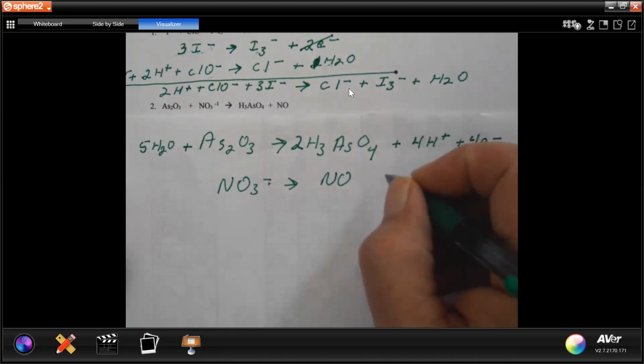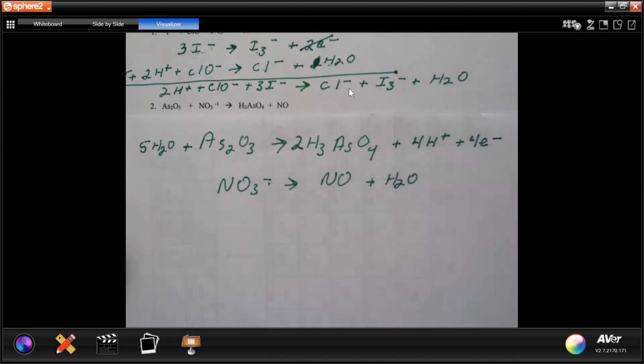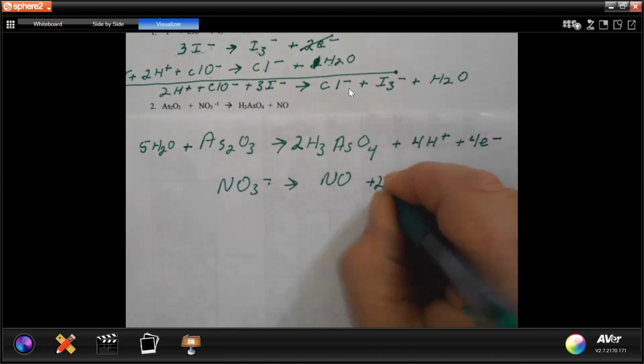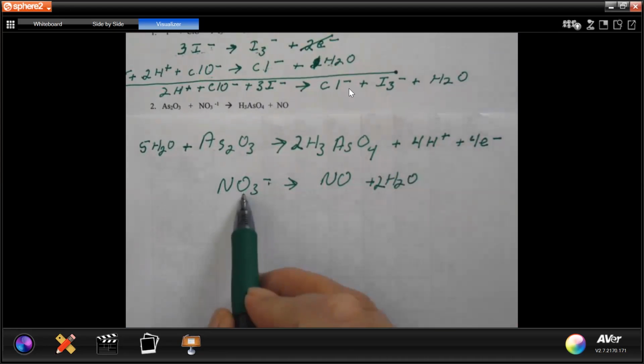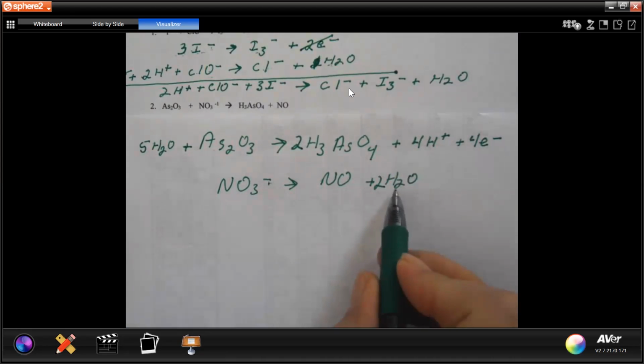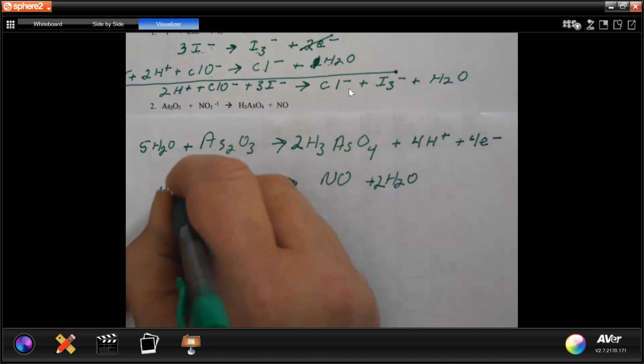So I'm going to add 2 H2Os to this side. So now I've got 3 O's on this side, and I have 3 O's on that side. Now I need to balance the hydrogens with H pluses. So there are 4 H's in this, so I'm going to need to put 4 H pluses on this side.